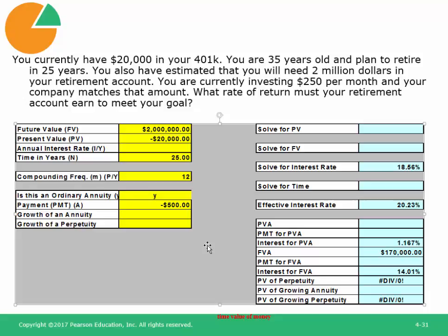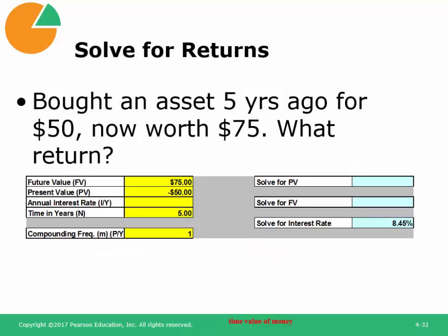Then whatever that number is divided by 2, that's how much you would invest, and the other half is what your company would invest. So there's lots of questions that we can ask and answer with these different kinds of problems. As far as solving for returns, right?